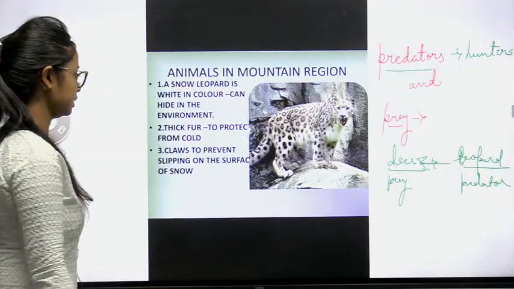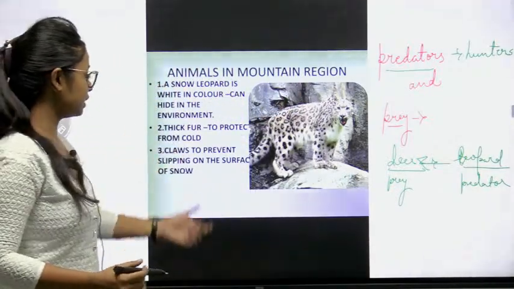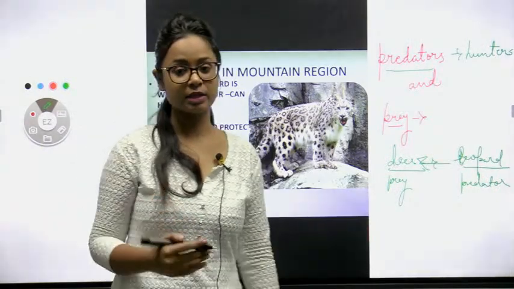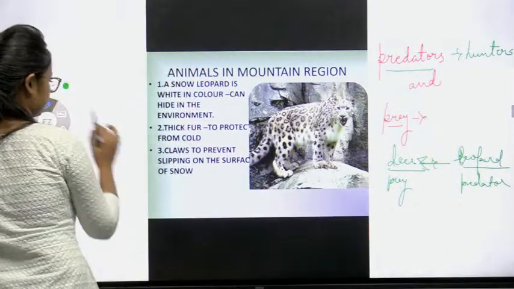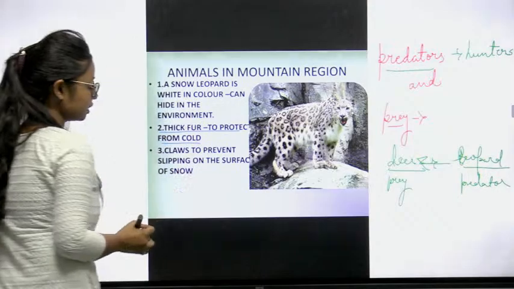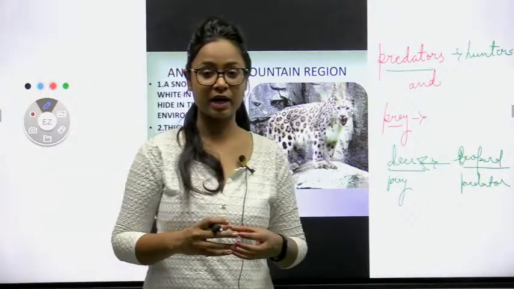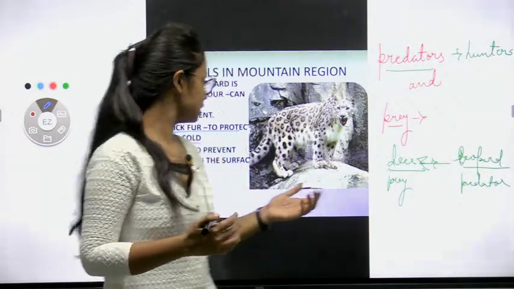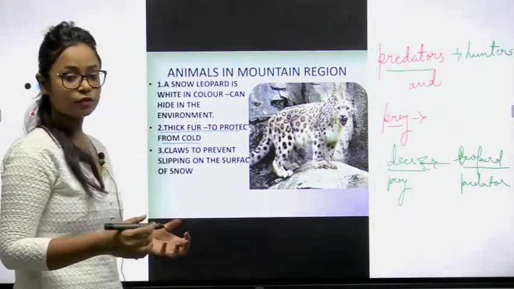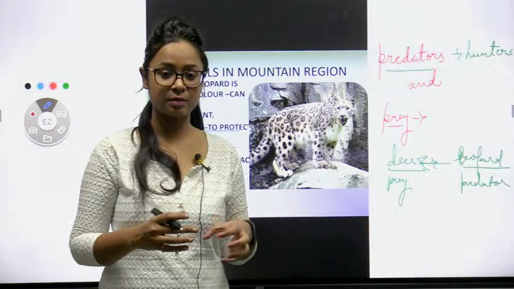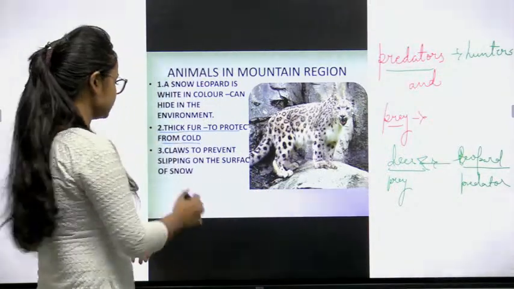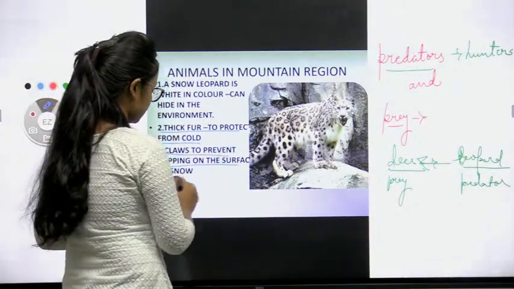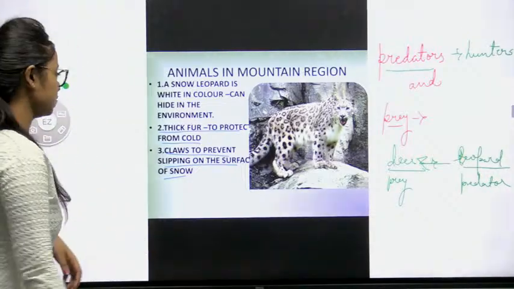Clear? So they have thick fur on their body. It protects them from the extreme cold. Also they have very sharp claws. Why? Because you all know there is ice, which means there is a slippery surface. So to protect themselves, they have very sharp claws so that they can stand straight on a surface of snow. Clear?